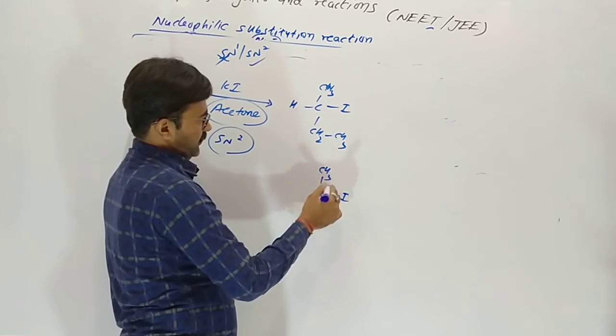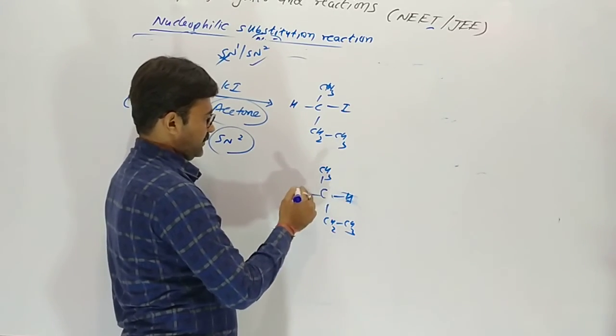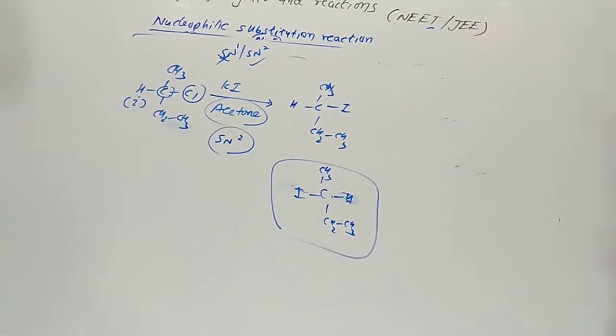So an inverted product occurs here. Inversion product occurs here. This is our final. In secondary carbocation, the type of reagent taken decides what product we get.